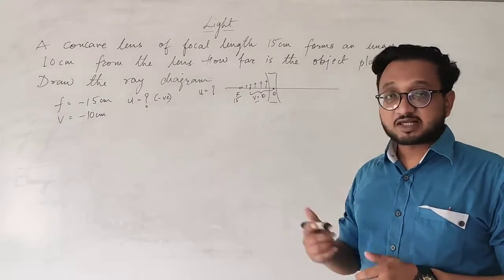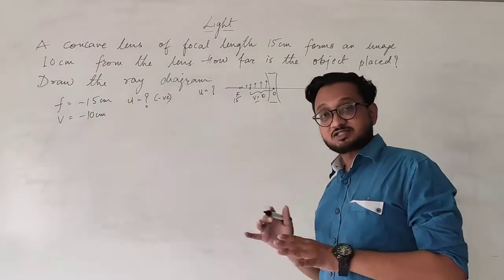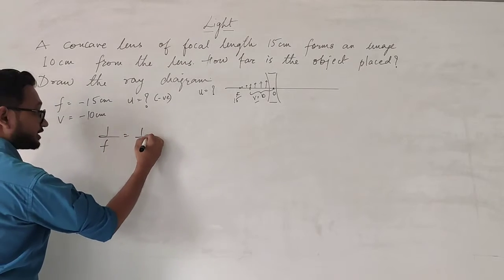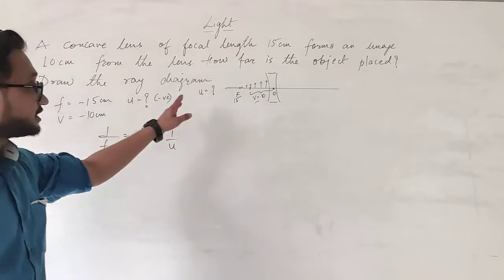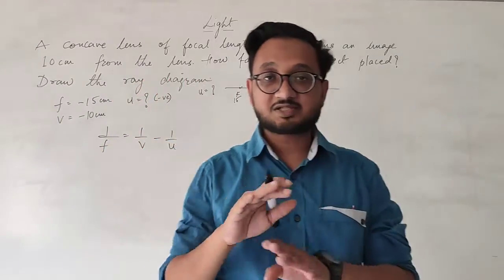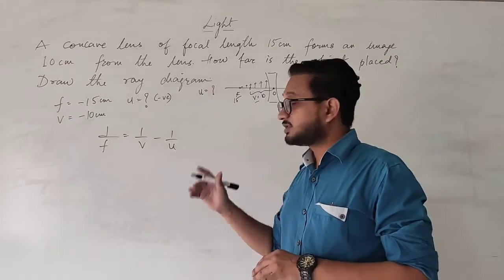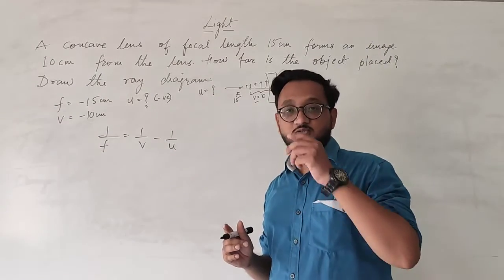Now because this is a lens formula, you will apply the same formula for the lenses. No changes on this side. So the lens formula is 1 upon f equals 1 upon v minus 1 upon u. Now in this particular numerical, no image size has been given, no magnification has been asked, because we know in concave lens it is always a diminished image. However, you have been asked to draw the ray diagram.